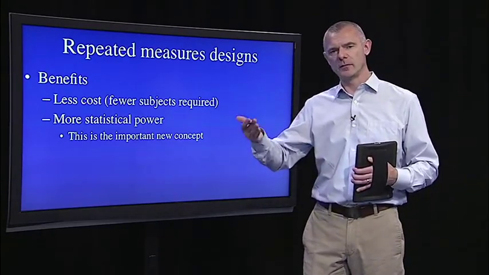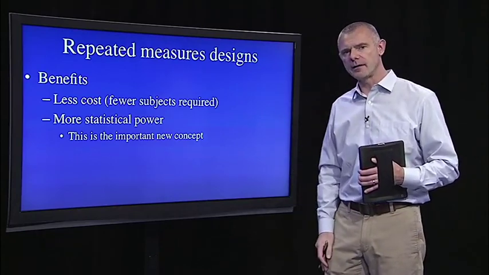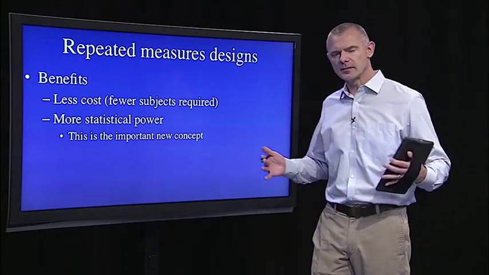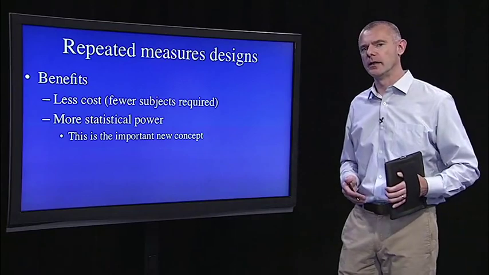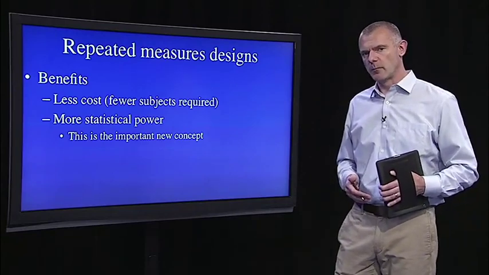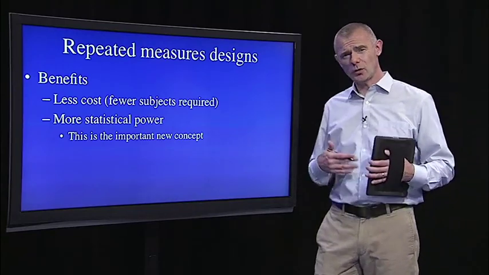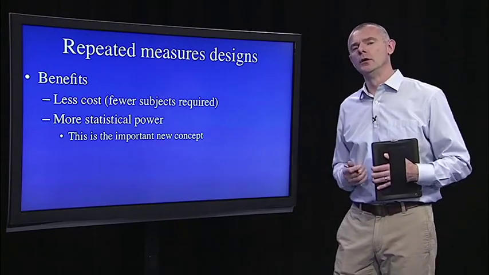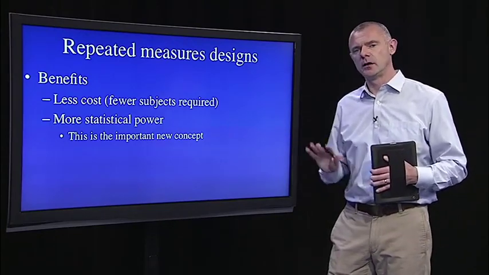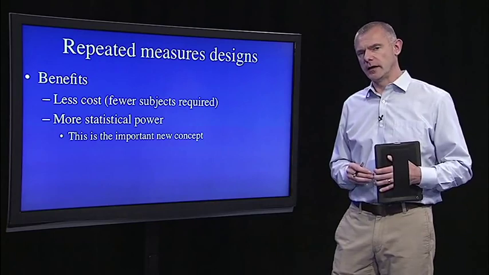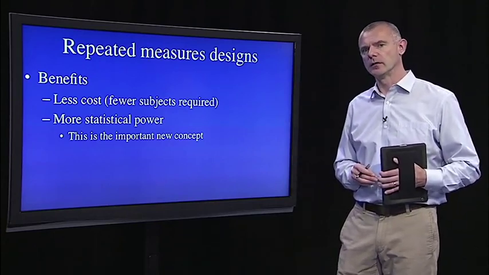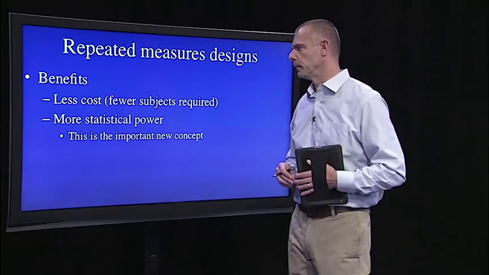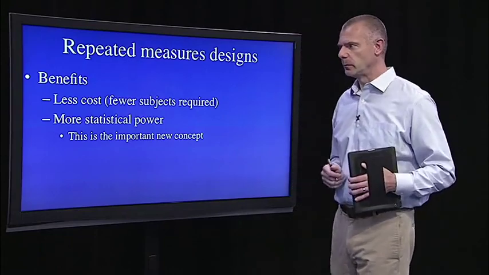We will have them come and go into the scanner, and it costs a lot of money per hour to run that scanner, the MRI machine. So we almost always do repeated measures designs when we're using that scanner and when we're doing experiments using neuroimaging here at Princeton, because it's just so expensive.